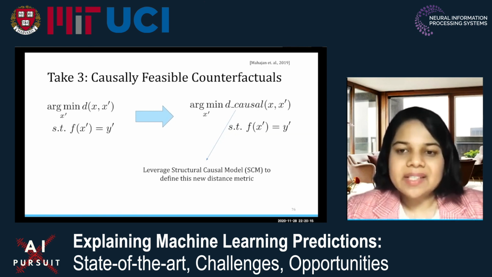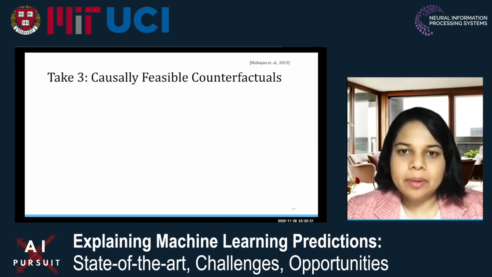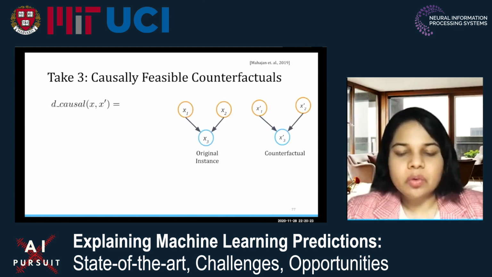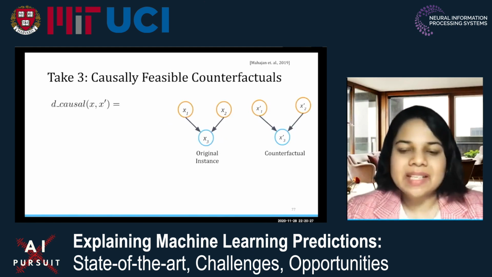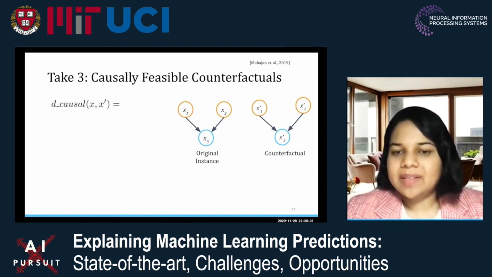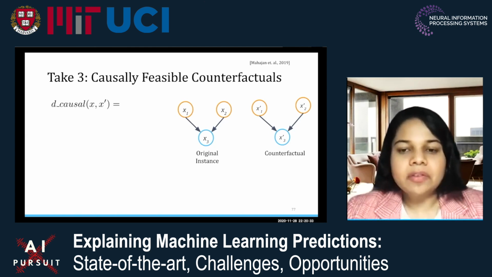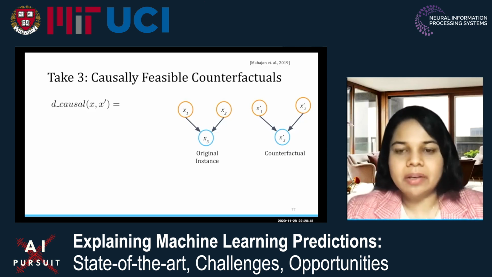To try and understand this metric a little better and to develop an intuition for it, let us consider this example where we have a data set with three features, feature 1, 2, and 3, and what you see on the screen is a causal graph of that data set. What we see here is that feature 3 has two parents, feature 1 and feature 2, and neither feature 1 nor feature 2 actually have any parents in the causal graph.